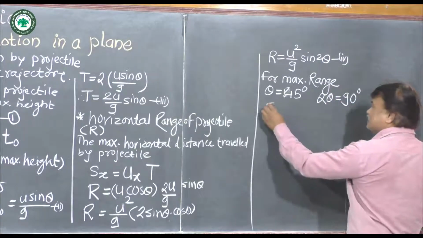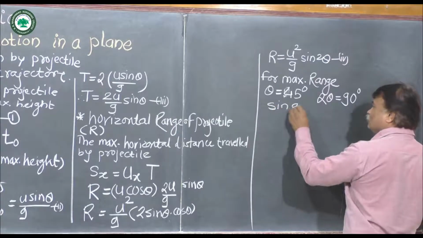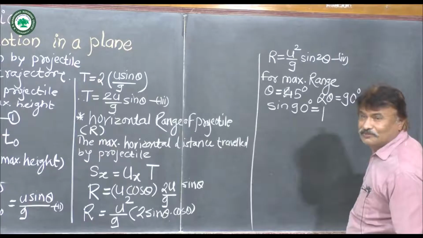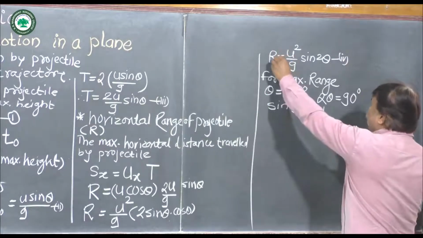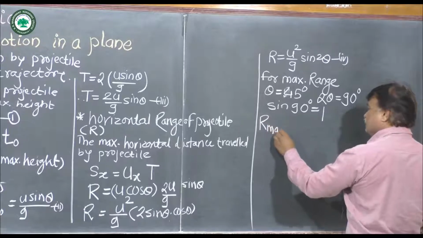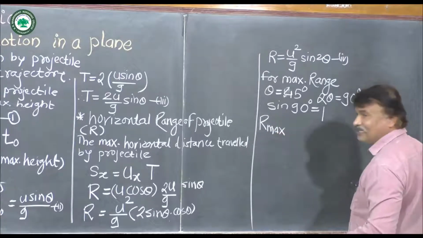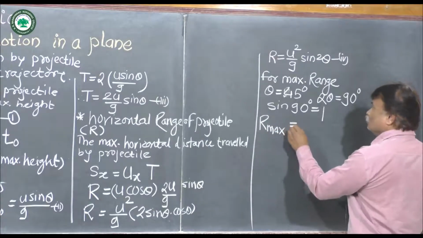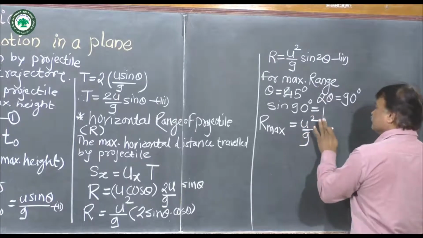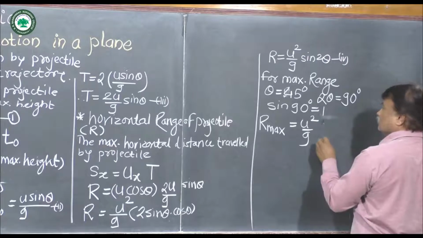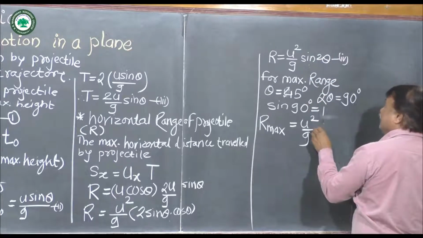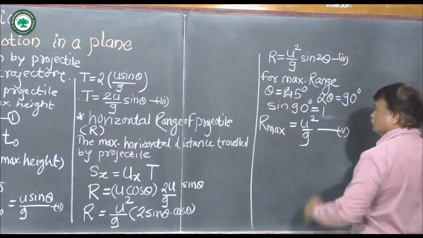And we know that sine 90 degree is equal to 1. Then this equation 4 will become R maximum, meaning maximum horizontal range, that is equal to u square upon g. In that case, sine 2 theta will become 1, and this is equation 5.